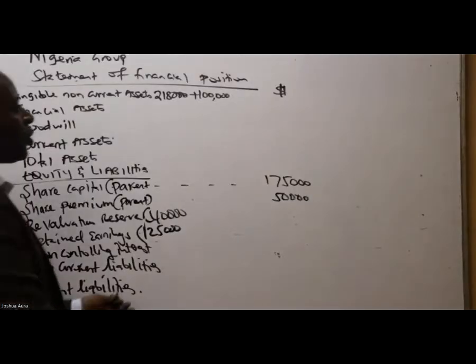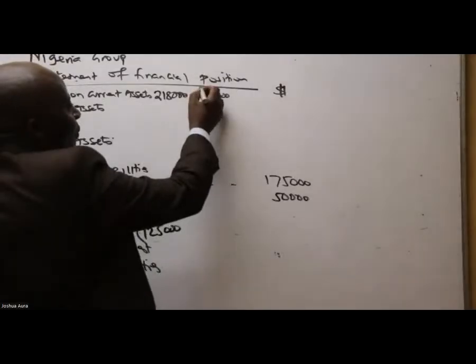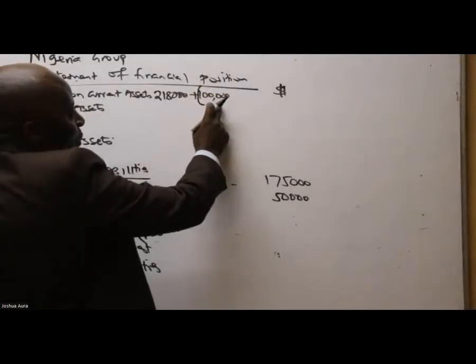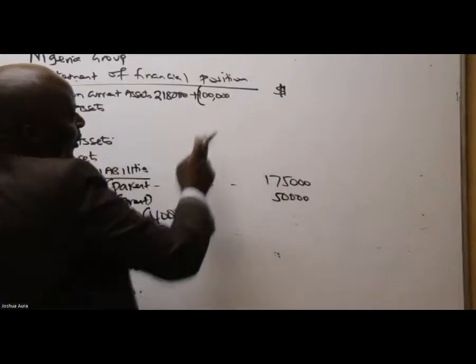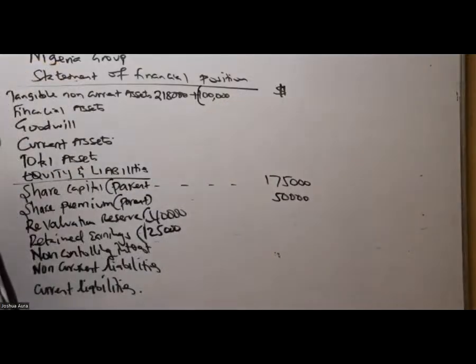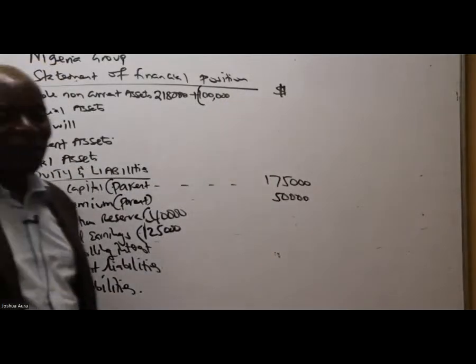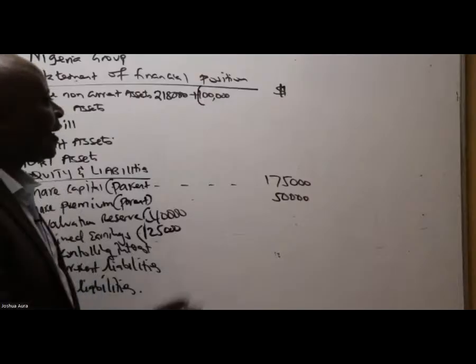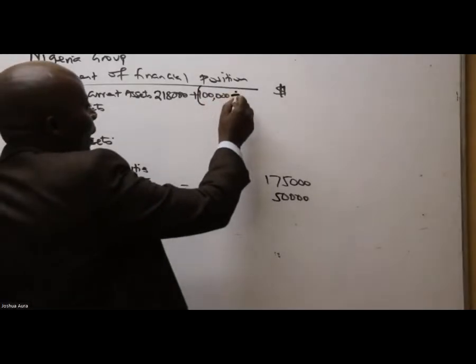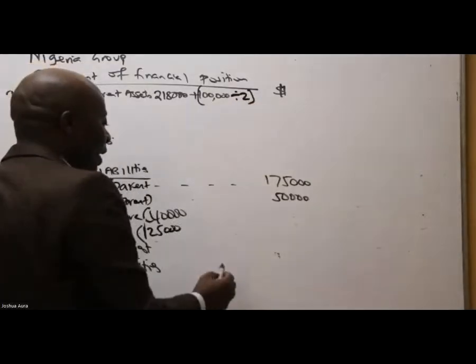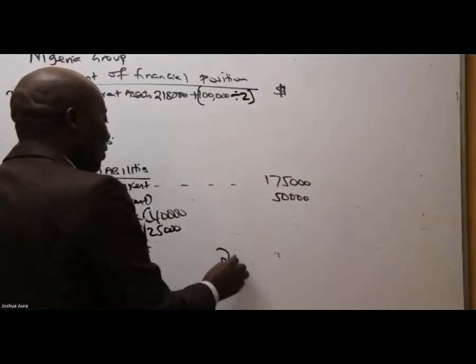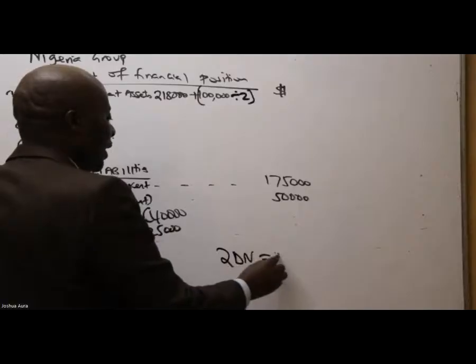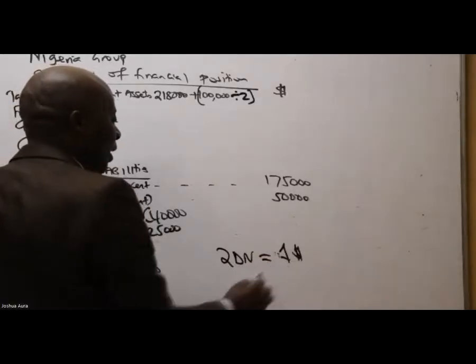So the question is, should I divide 100,000 by the 2 or multiply? Divide, isn't it? So we divide by the 2. Why are we dividing? It's because they have told us 2 DNs equals $1.